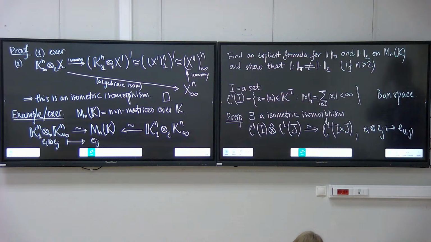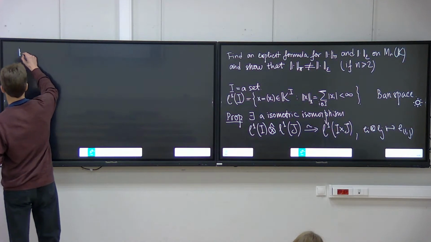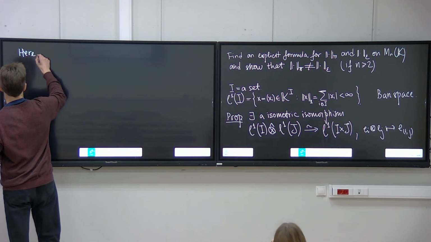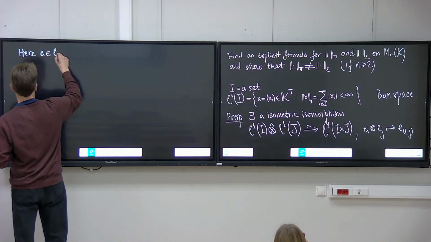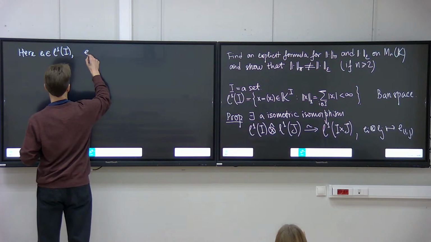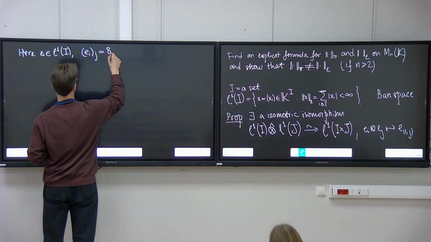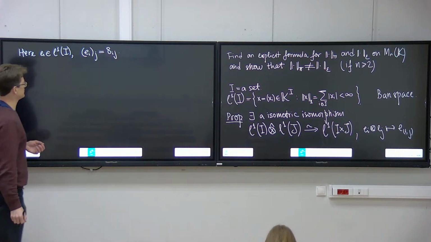I haven't explained what e_i means, so let me explain this. Here e_i is the element in L1 of I such that the jth component of this element is the Kronecker delta.